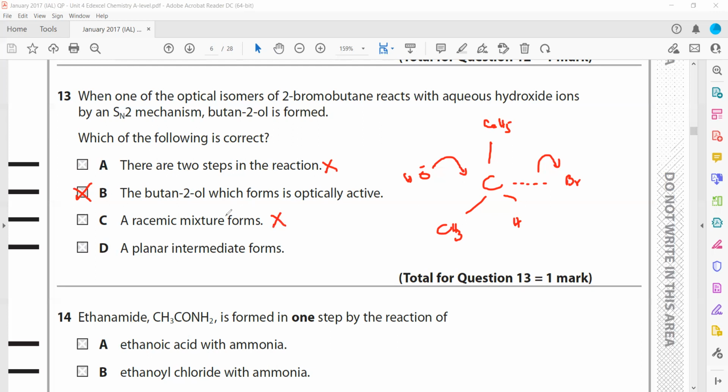A racemic mixture is formed in SN1 reactions, when first the bond breaks and then the attacking nucleophile can attack from any side, and a planar intermediate is formed. This is not a planar intermediate, not trigonal planar, as there are 5 bonds formed. So that's also wrong.